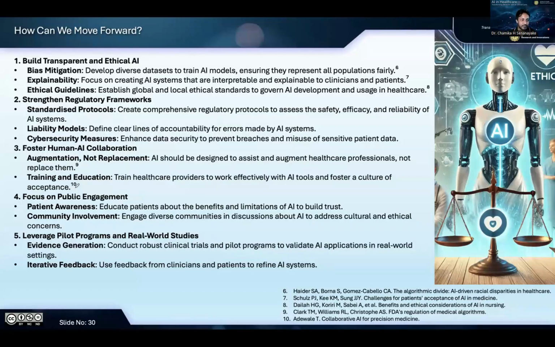So when it comes to training and education, AI is a gold mine of possibilities. And when it comes to public engagement and patient awareness, I think AI does it better than us. As a medical professional in Sri Lanka, I think we get overloaded with patients.